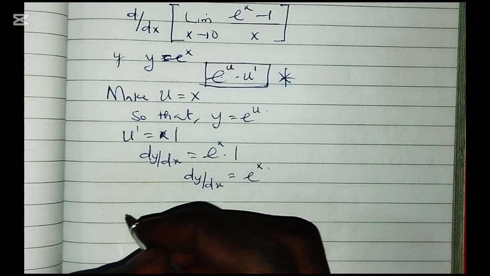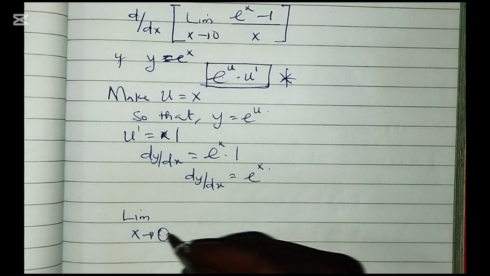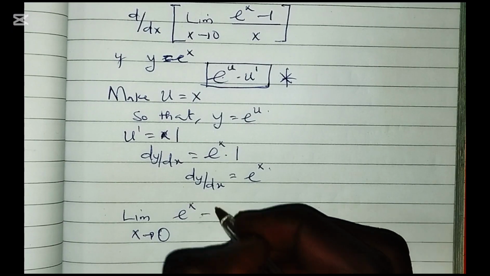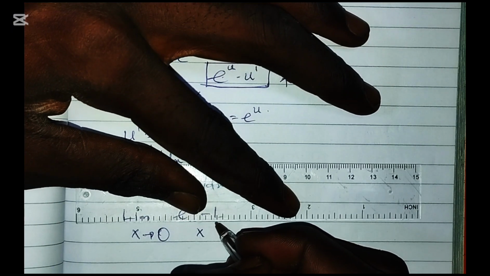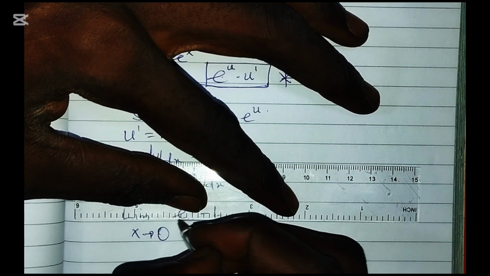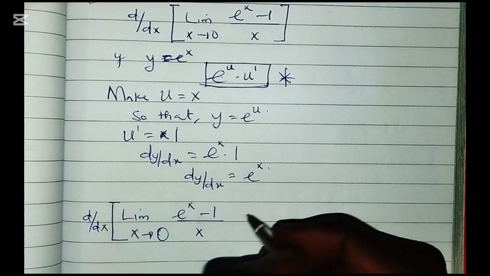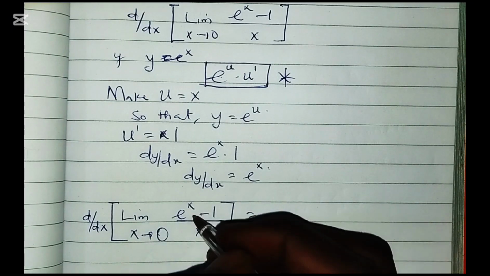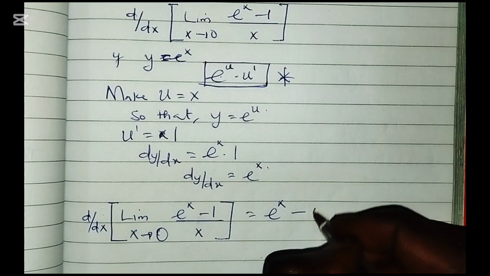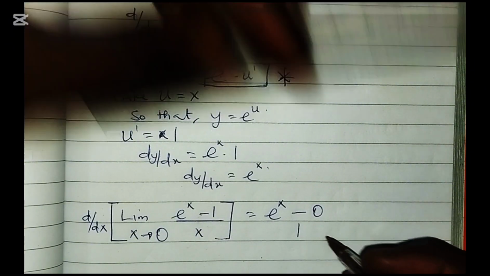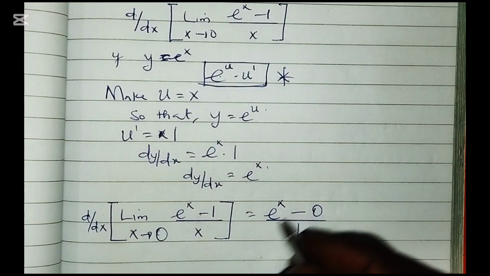So we have the limit as x goes to 0 of e to the x minus 1 all over x. After applying the derivative, e to the x still remains e to the x, the minus 1 goes to 0, and x goes to 1. So this is the answer.